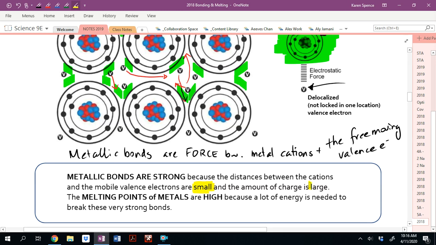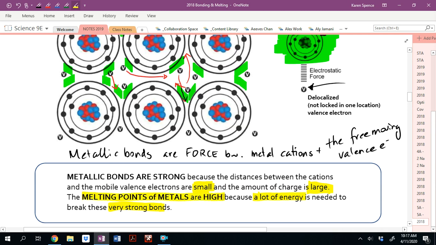The amount of charge is large, which is also going to make the force large. So the electrostatic force is very large, therefore these are very strong bonds. So you're going to require a lot of energy to break those bonds. And that's going to mean that the melting points are very high.